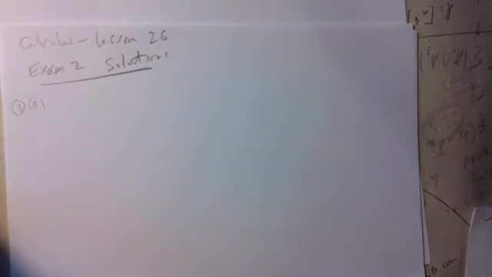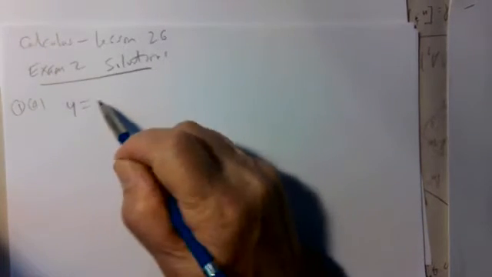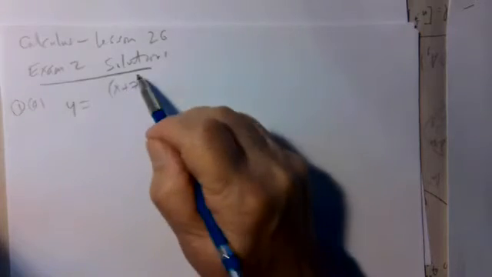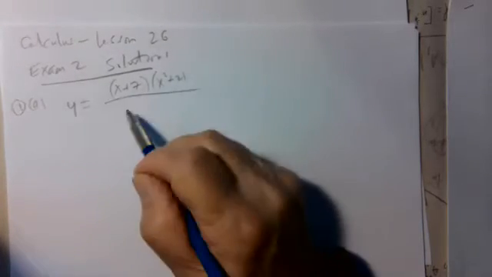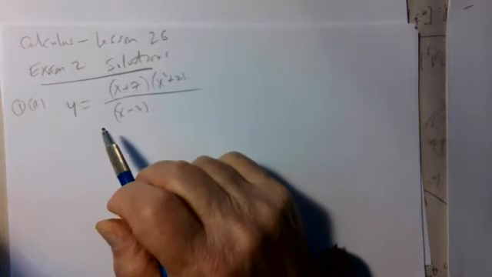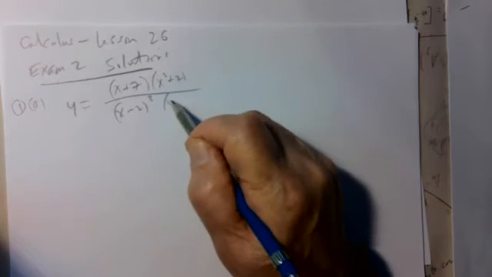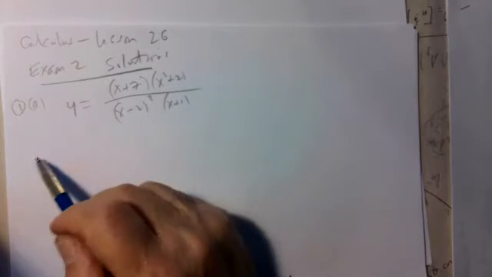So problem 1A, we have the following function. y equals (x plus 7)(x squared plus 2) over (x minus 2) cubed times (x plus 1). And we want to find dy/dx by logarithmic differentiation.